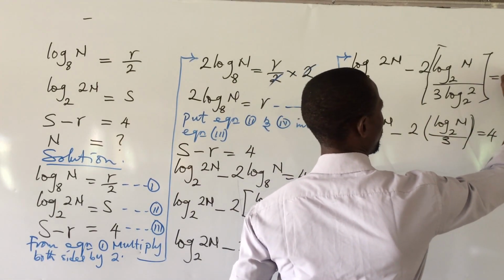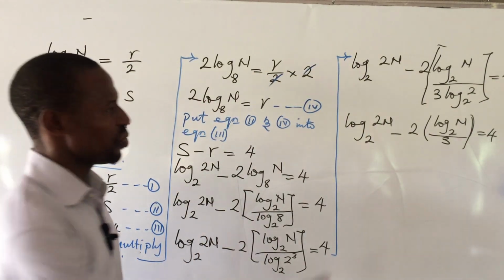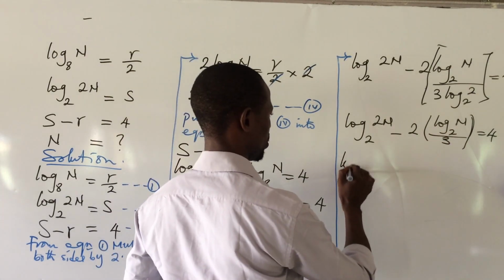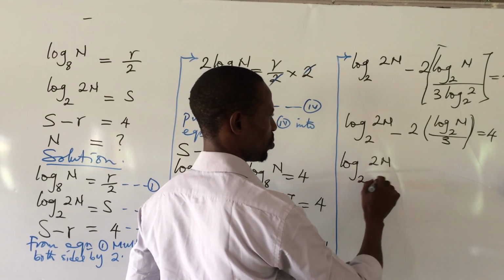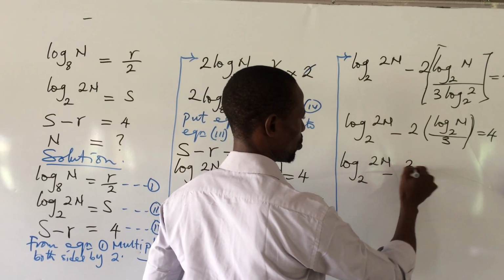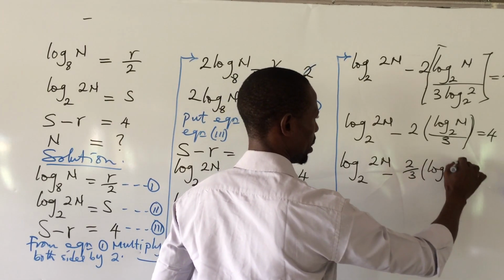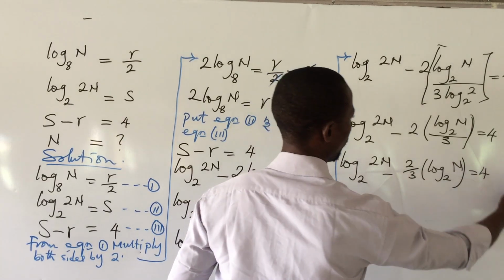Okay. From here, we can bring out this 3. So this expression will now in turn give us log 2n base 2 minus 2 all over 3 into log n base 2, close bracket, equal to 4.